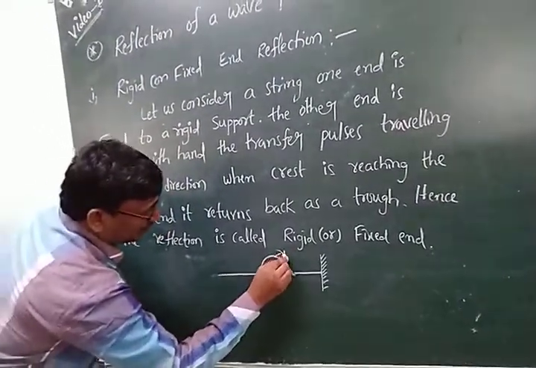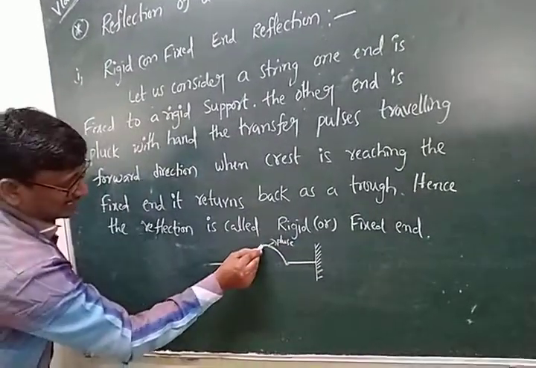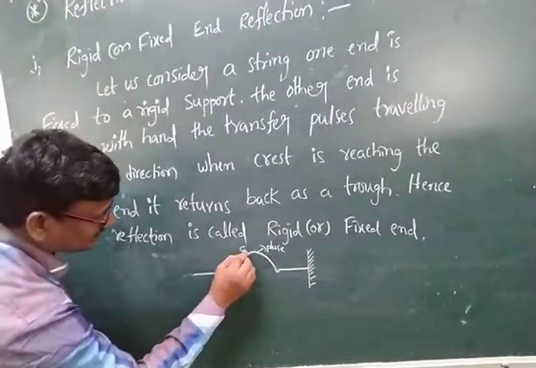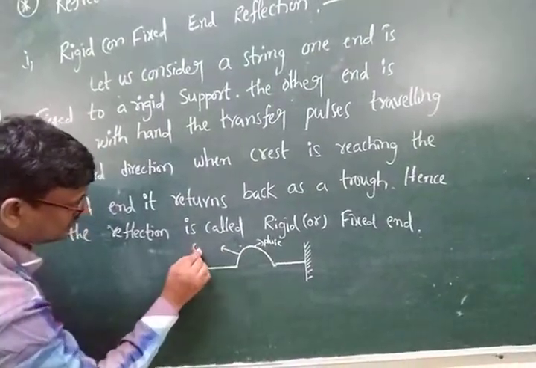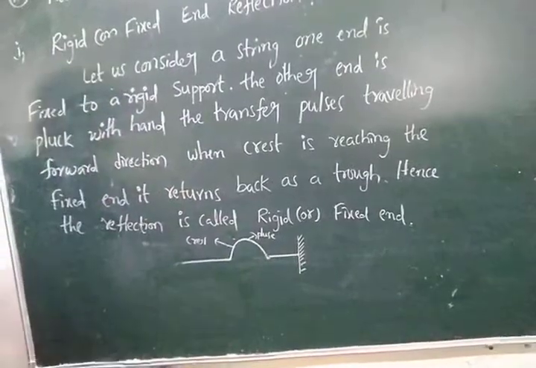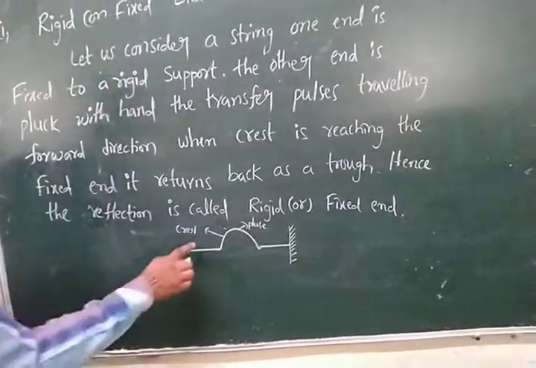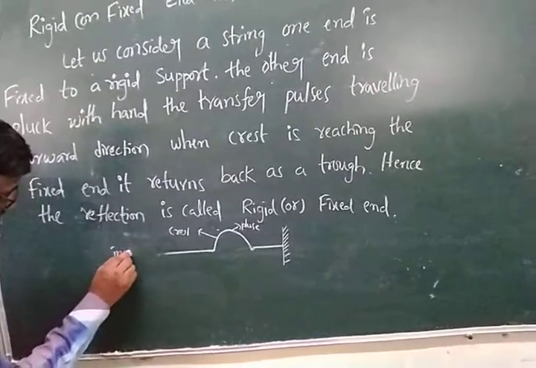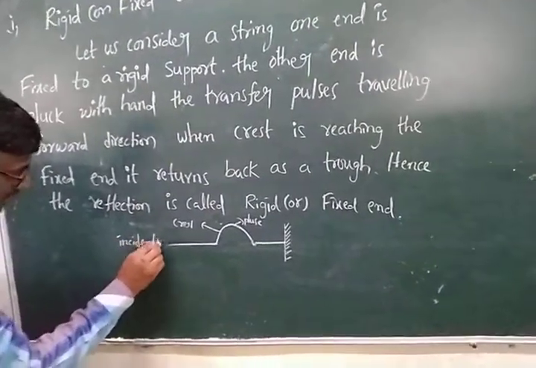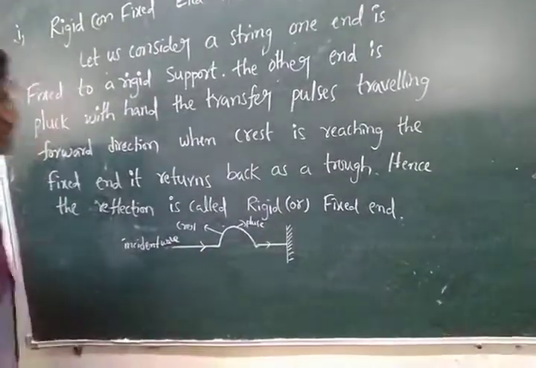What is this? A pulse. And this is called a crest. The crest is reaching the rigid support. This is called the incident wave, and this is the direction.